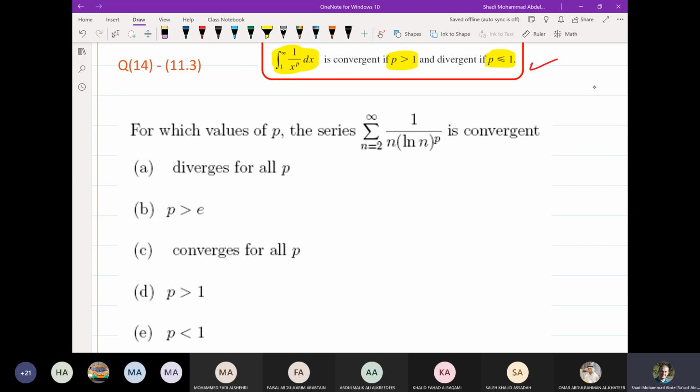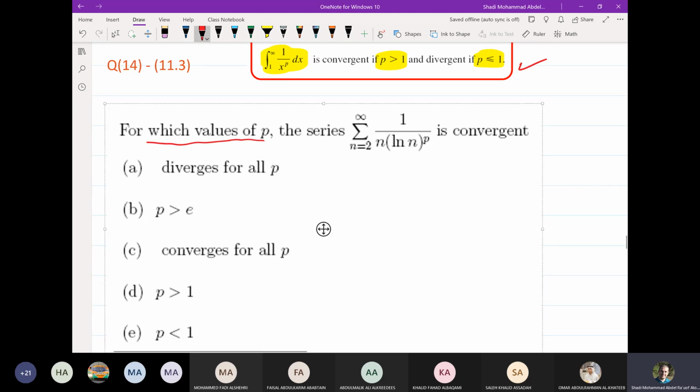See here. For which values of b does this series converge or diverge? Look at the criterion here. Why does he start from 2? You have to think about this one. Because n equals 0 makes the denominator 0, and n equal 1 makes this one equal 0. So he chose values where the function is continuous, and if the function is continuous, you can find its integral. So this is evidence that you need to use the integral test.